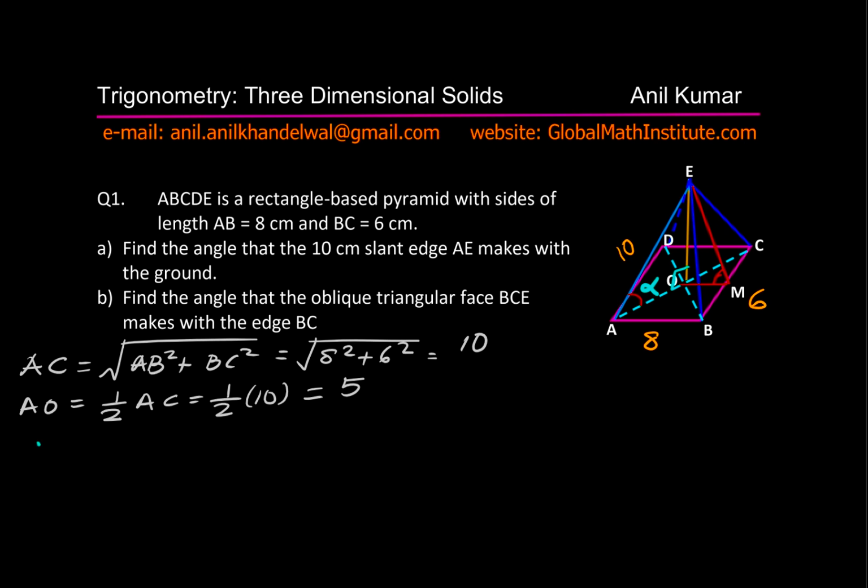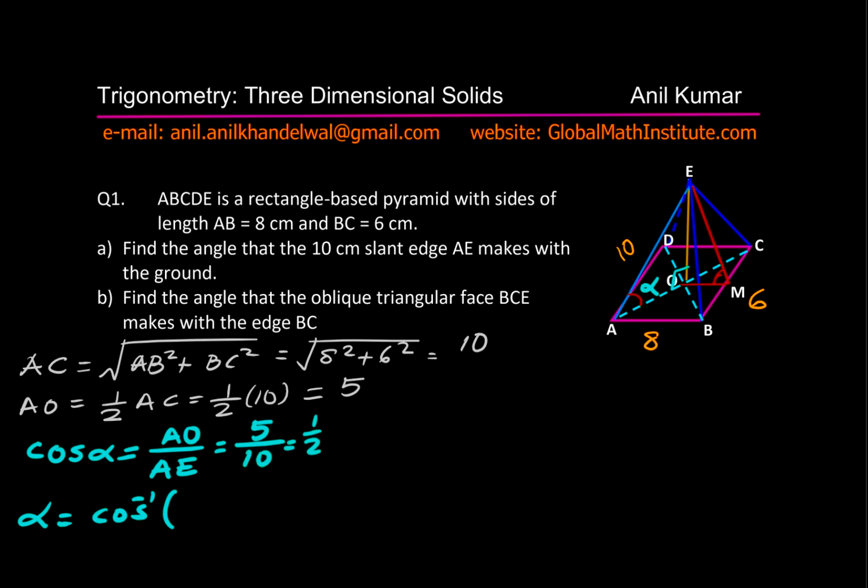So we can say cos alpha is equal to AO over AE. And alpha will be equal to cos inverse of AO, which we just found as 5, and AE is 10, so it is half. So we're looking for cos inverse of half, right? As you know, cos of 60 degrees is half. So this answer is 60 degrees.